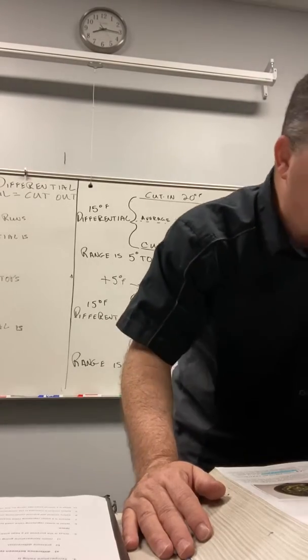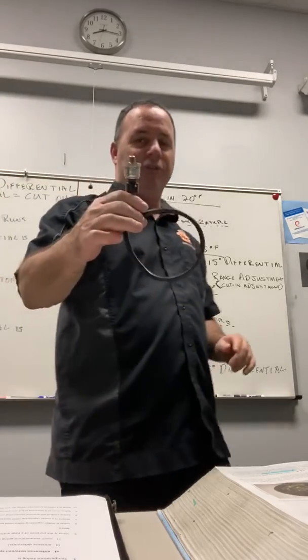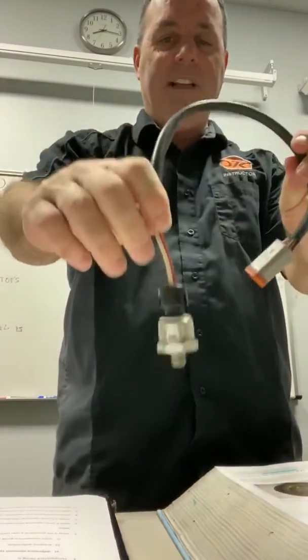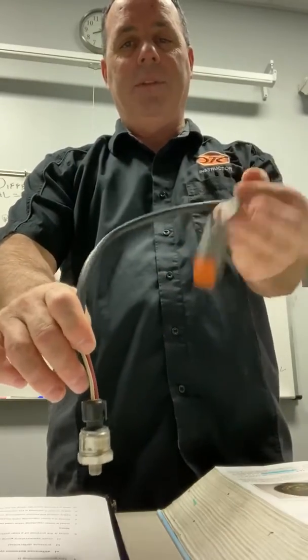Now, let's talk about what a pressure transducer is. Some of you who've been here a while with me already know what a transducer is. You can put this on something with pressure, and what's it going to do?